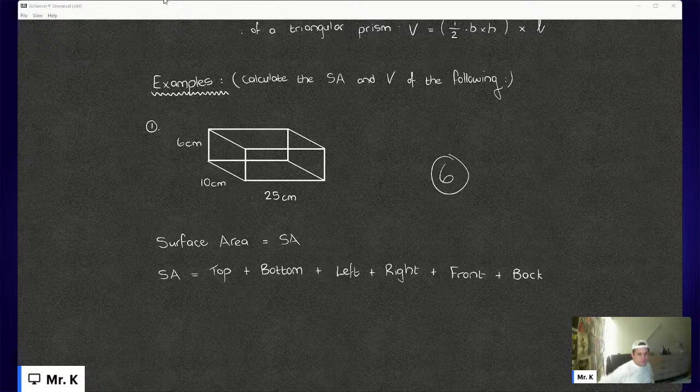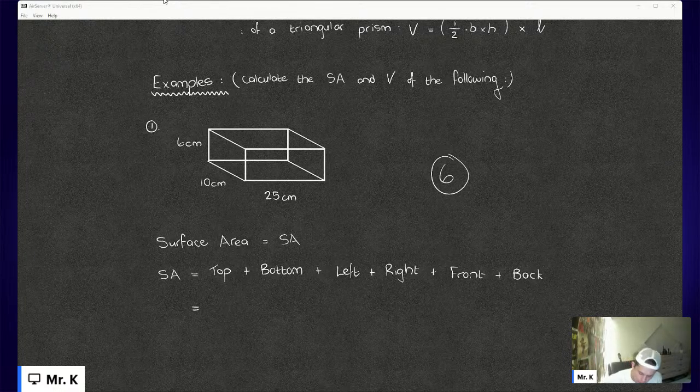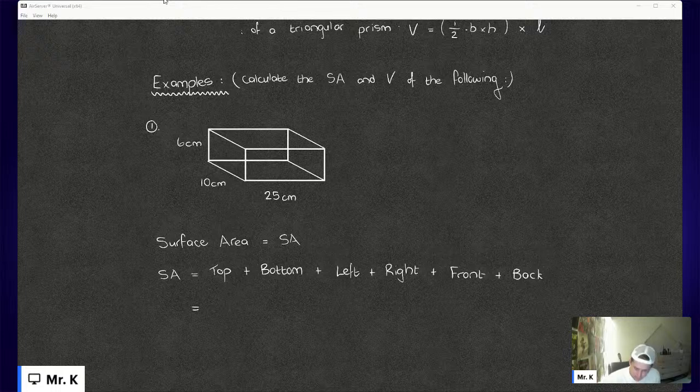This is not an official step that many teachers will show you guys, and I think that it's an important one for me to just point out because you've got to keep track of where on the shape you are. So I need the area of all 6 of these sides. That's what surface area means.